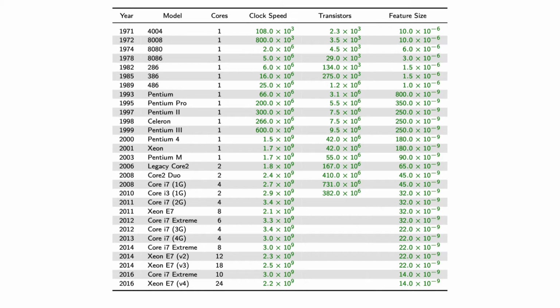So this table gives us some key metrics associated with different microprocessors over the years, going back to 1971, which was the year during which Intel released the 4004. This was a processor that many of you may have never heard of, but the 4004 gave rise to the 8008 and the 8080, and the 8080's successor, the 8086, is the processor from which we get the common abbreviation for processor architecture, x86.